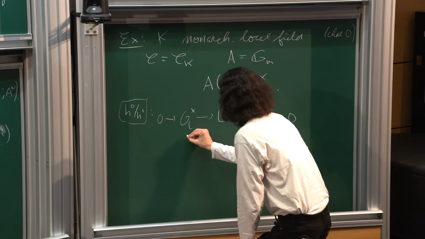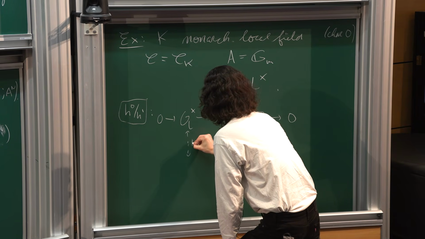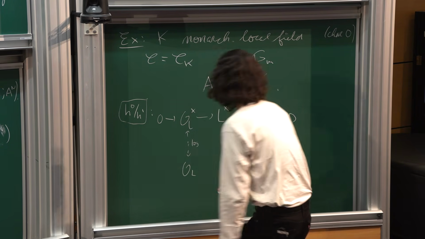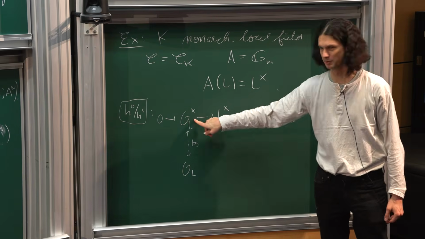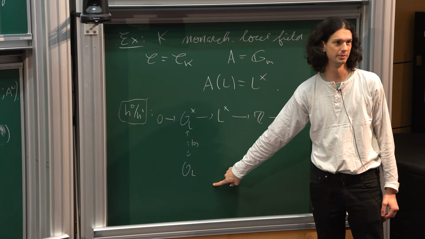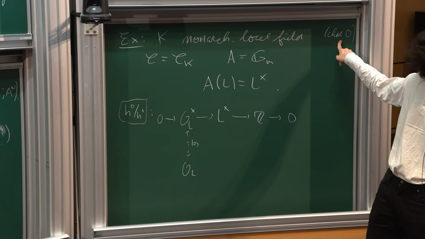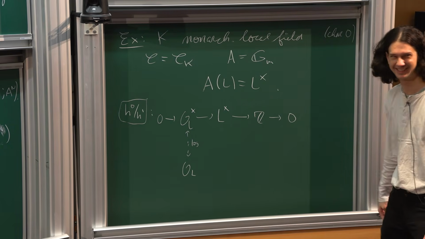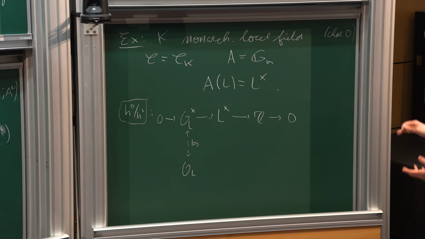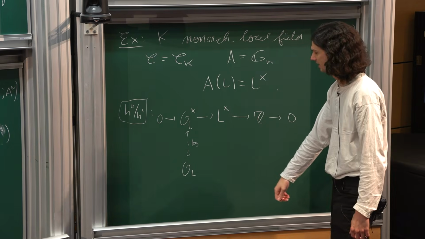And because of the logarithm and exponential, up to finite groups, the multiplicative group is the same as the additive group. At least in characteristic 0, in mixed characteristic. Exactly why I made that assumption, even though it's not really necessary, just for ease of argument.